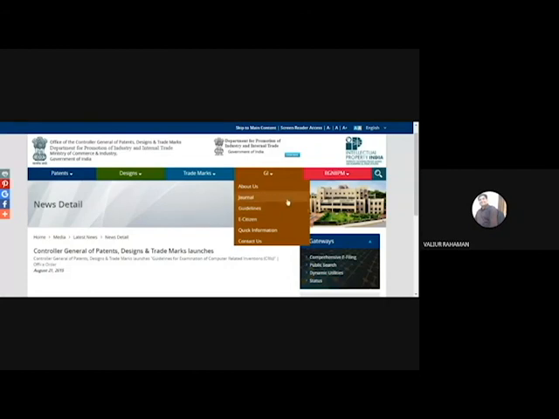So the journal is there, the guidelines are there, right? In the guidelines, if you go, you will get information related to international patenting. So PCT, I'm coming back, PCT is for international patenting procedures, right?